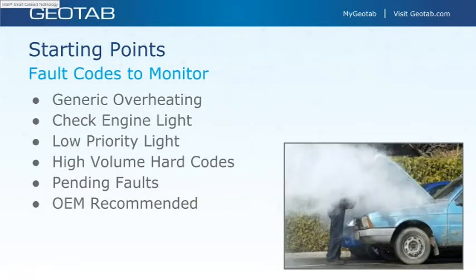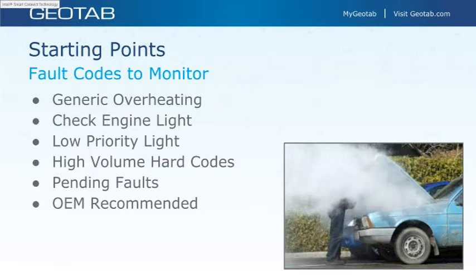The other things they said to monitor in terms of fault codes were the generic overheating fault code and the check engine light, which is one I think everybody knows about. The one thing about the check engine light is that you don't just get the check engine light for the vehicles that we get it from.